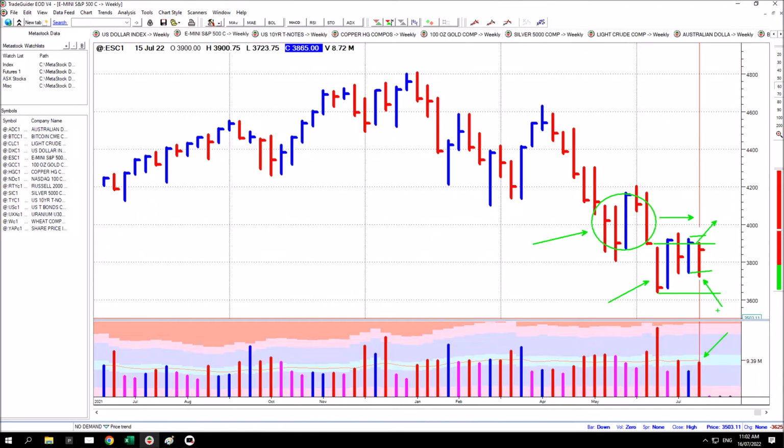Price could, if things don't go well, break down, in which case anything that's been accumulated within this zone would likely be dumped and price would accelerate lower, likely with an increased spread and very high volume.